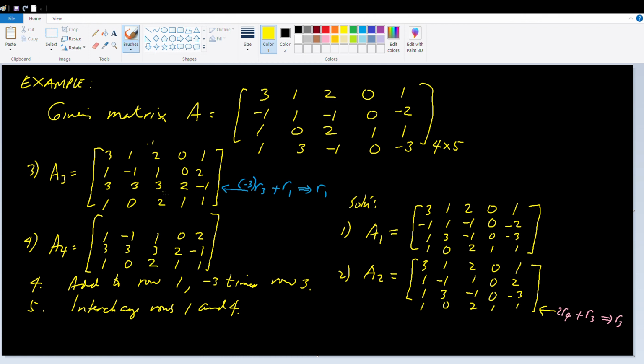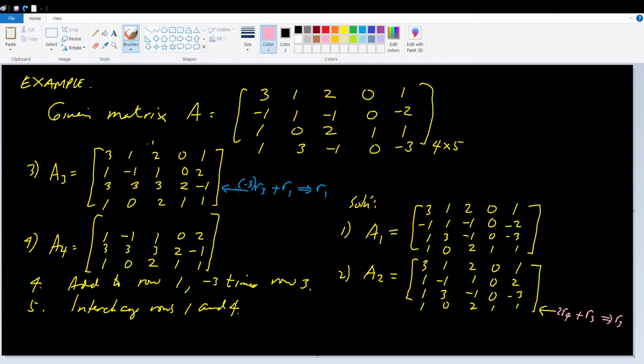Each element of row 3 is multiplied by negative 3, and then we add it to row 1.